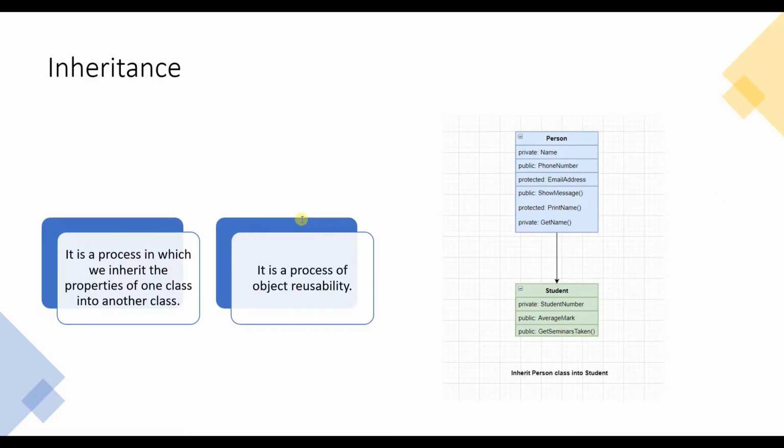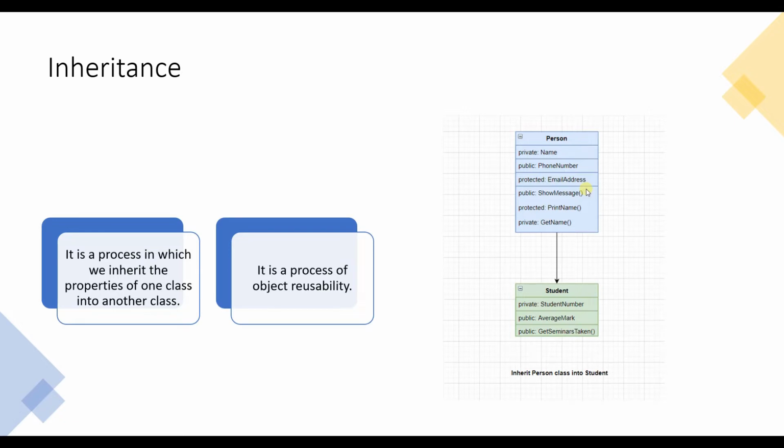Now we have an important concept called inheritance. Inheritance simply means inheriting the properties of one class into another class. With the help of inheritance, we achieve code reusability. As we can see, we have two classes, Person and Student, as shown here. The Person class has some private, public and protected members.